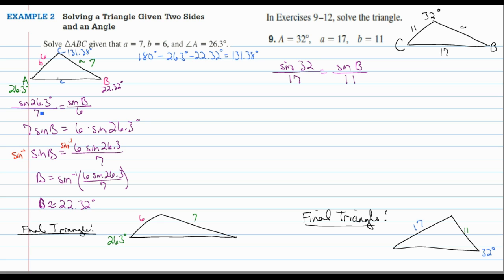So now I'm going to start out with the same proportion I started out with before, similar to example 1, just because I know that information. I know that 26.3 is an exact measurement of angle A, and 7 is the exact measurement for side a. Now I can say the sine of 131.38 degrees divided by c.